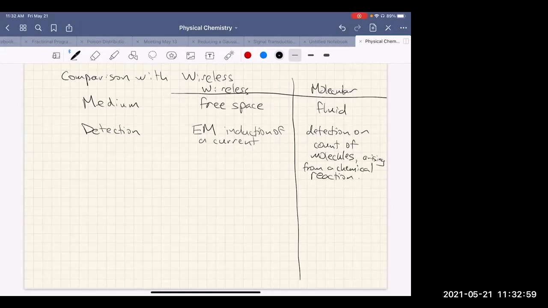Either way, if we detect the molecules, basically what we're saying is that the molecule is going to bind to some sort of receptor, and that receptor should be able to take action based on that binding.